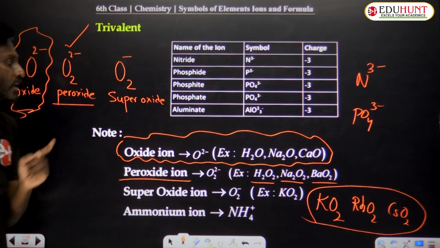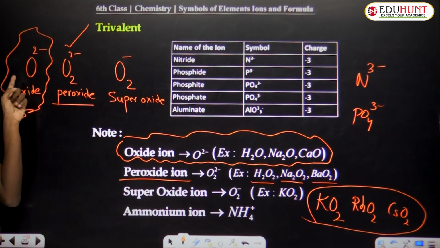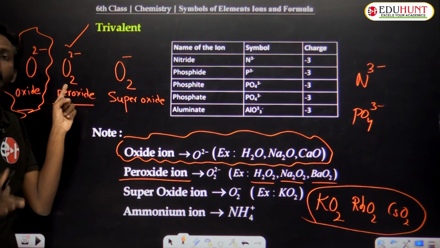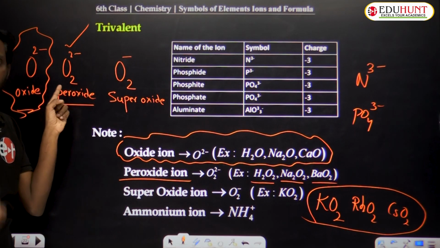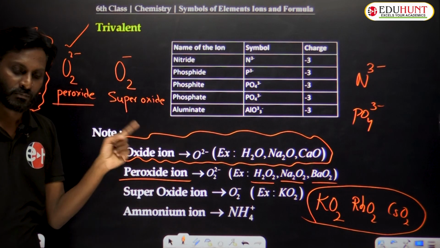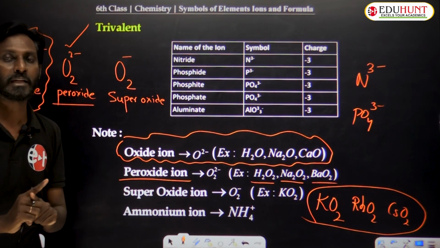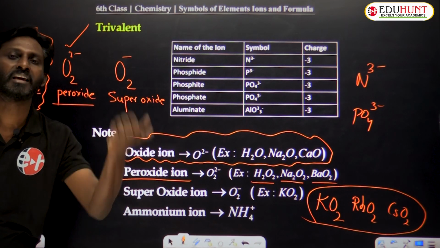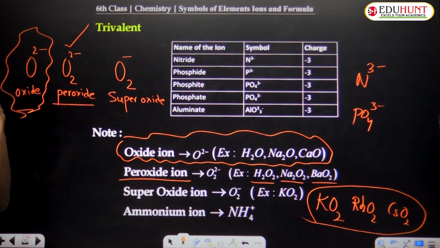Here one atom gained 2 electrons, here 2 atoms gained 2 electrons, each atom 1 electron. In superoxide there are 2 atoms with 1 electron in total, so each gets a half share. That way you can think.